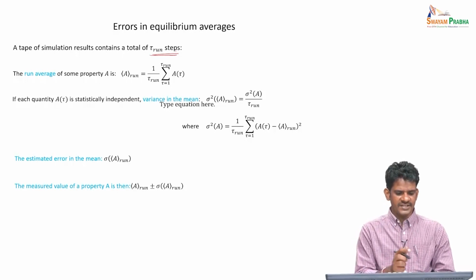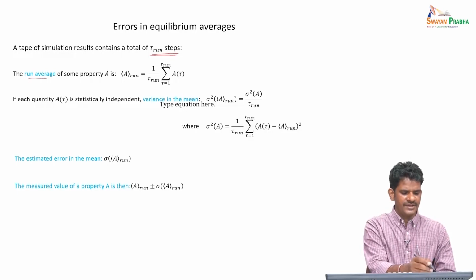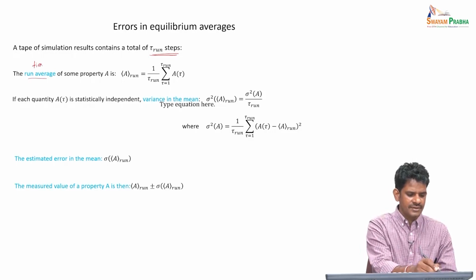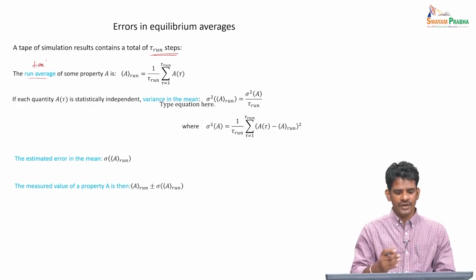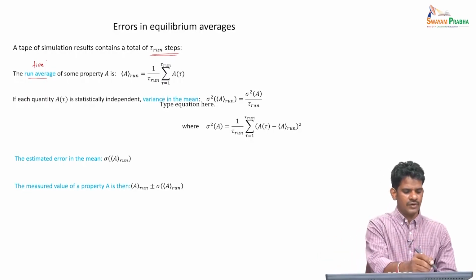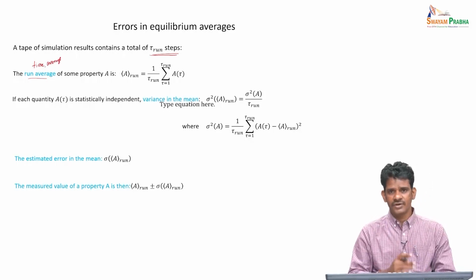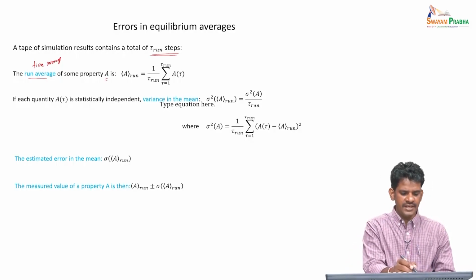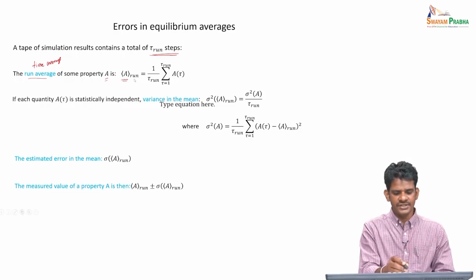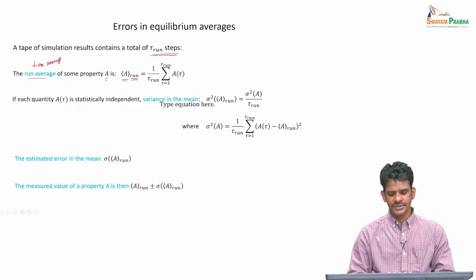For example, if you want to know the run average, the run average is nothing but the time average, because in MD simulations we have recorded data as a function of time, and when we average over these times, we are talking about the time average, also known as the running average or run average of a certain property A. We denote this with an angular bracket, and the suffix run basically means it's a time average in an MD simulation.